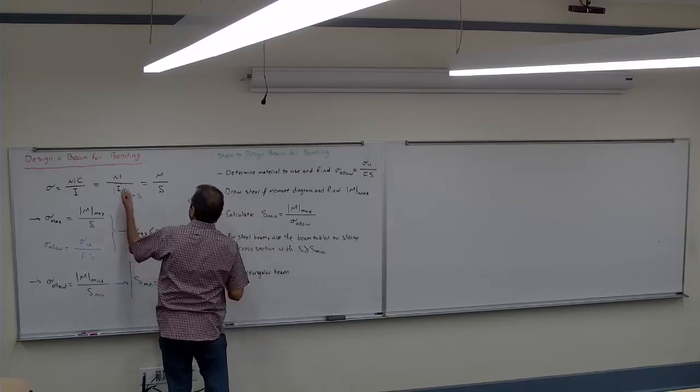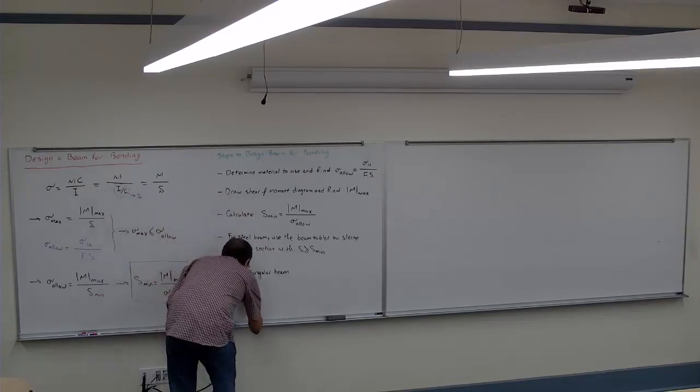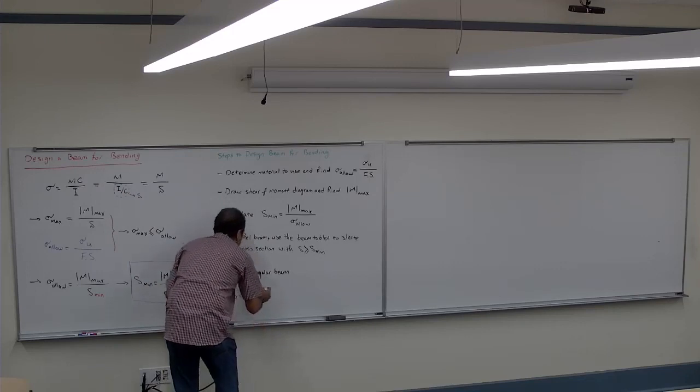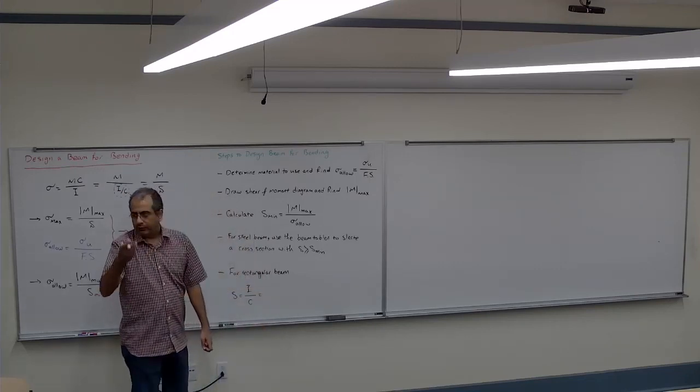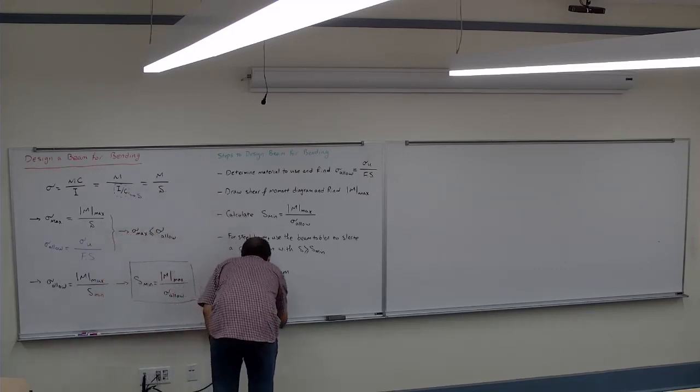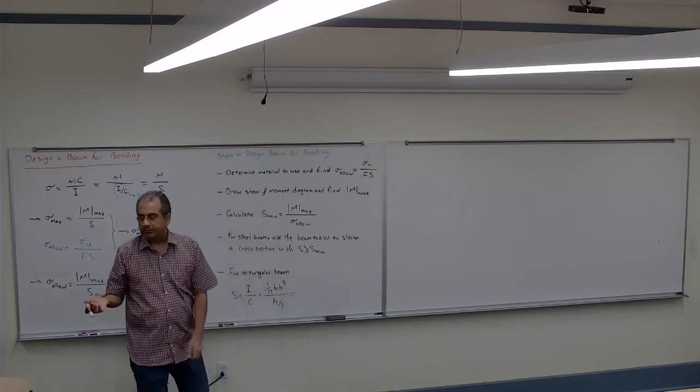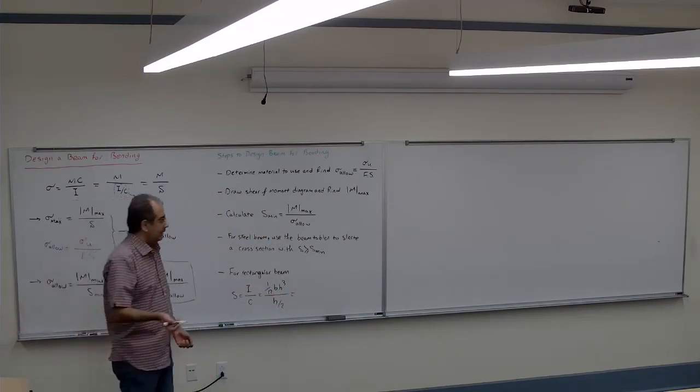S is I divided by C, correct? So for the rectangular, I is 1/12 of BH cubed and C is half of H. So for the rectangular beam, S would be 1/6 of BH squared.